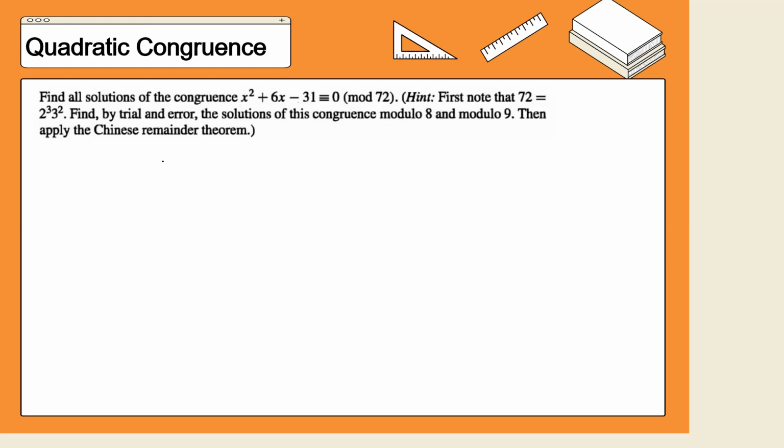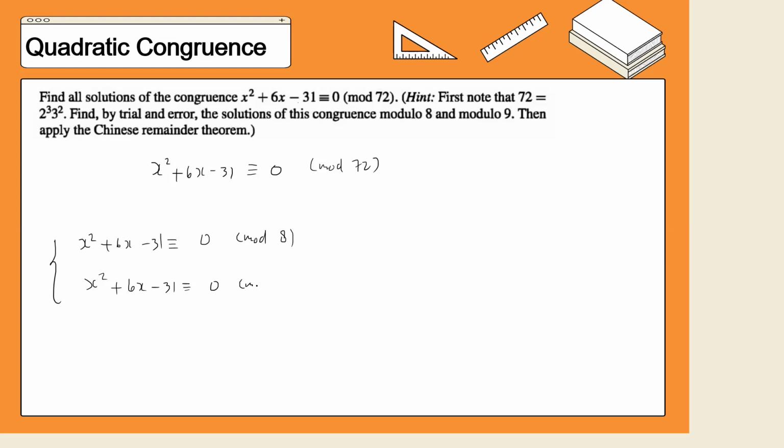Okay, so the solution to this congruence, x squared plus 6x minus 31 congruent to 0 modulo 72, will also be a solution to this one, x squared plus 6x minus 31 congruent to 0 modulo 8, and also a solution to x squared plus 6x minus 31 congruent to 0 modulo 9.